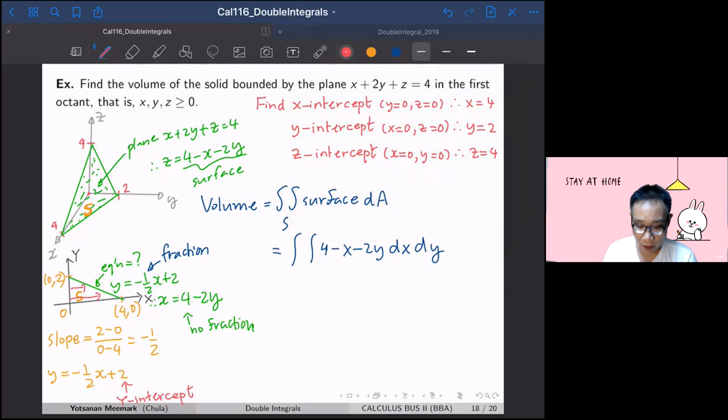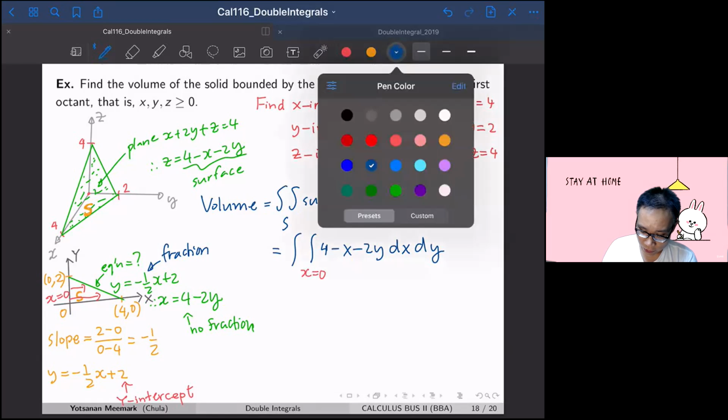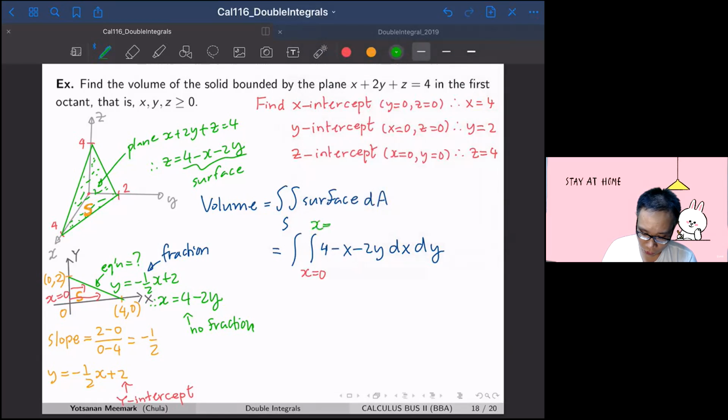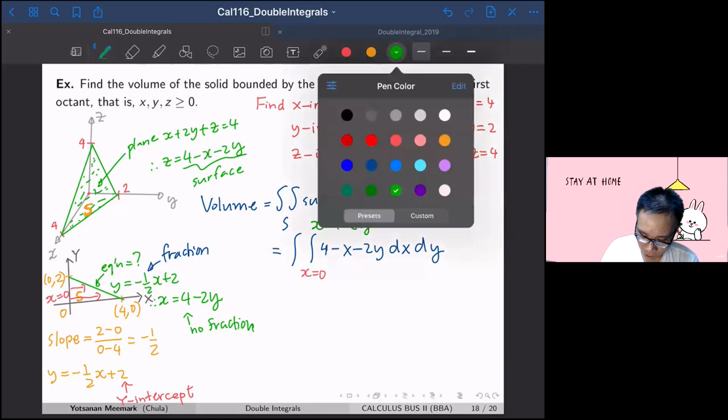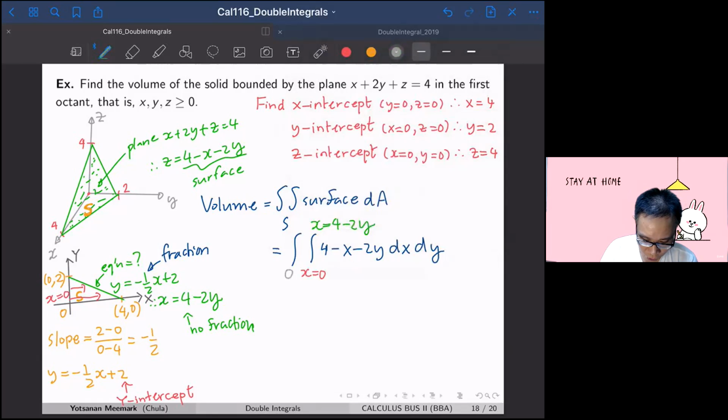So x is going to run from x equal to 0 to the green function, which is x equal to 4 minus 2y. And y is going to cover from 0 to 2. Okay, and then this will give you the volume.